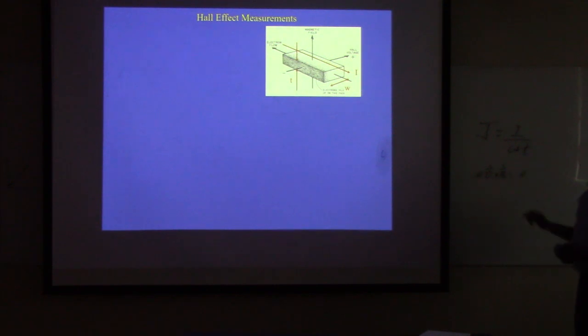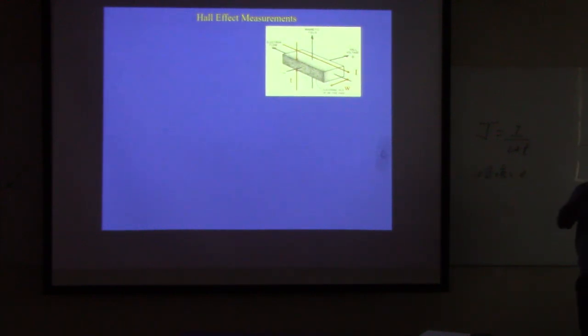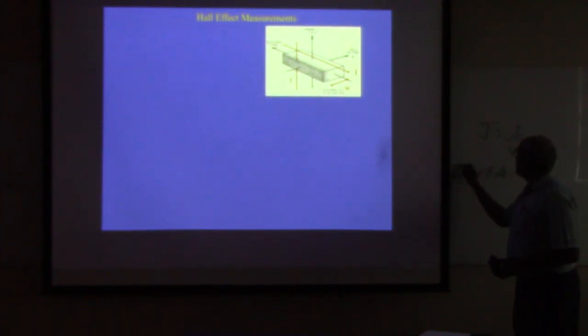E times V cross B is what? V times sine 90 in this case. That makes it easy, right? Because V is this way, B is this way, V cross B means sine theta, right? What is that angle? 90. That means this is basically E times V times sine 90. That is 1, right? So that's your total force on the electron.